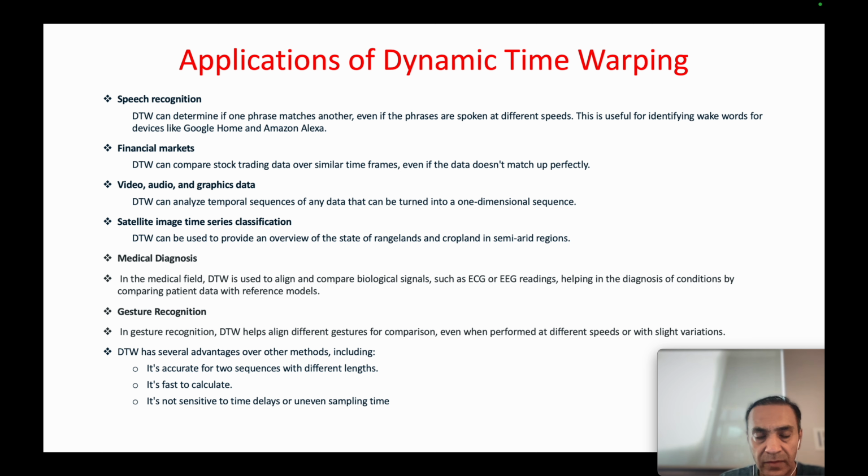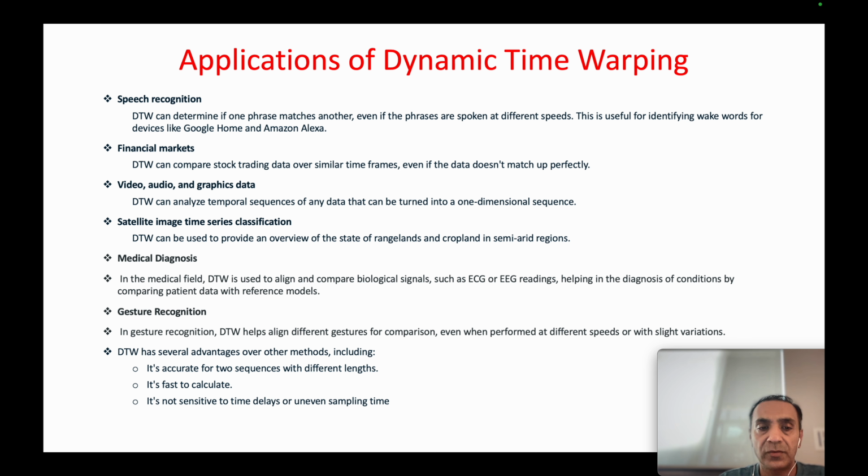So, if doctors want to ascertain if a patient has a certain disease and they have some benchmarks which provide an indication of a disease or not a disease, then they can compare the patient's ECG or EEG readings with those benchmarks using dynamic time warping, and based on that they can confirm if a patient has a disease or not. So it's very useful for medical diagnosis as well.